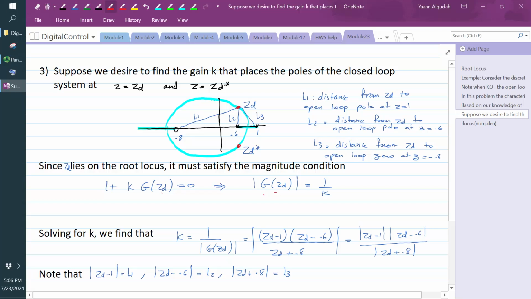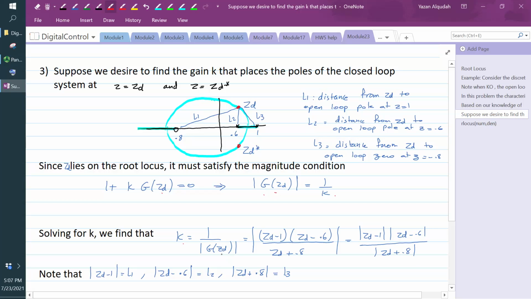Remember, the poles, in order to be on the root locus, have to satisfy the magnitude criteria and the phase criteria. The magnitude criteria says that 1 plus k g of ZD must equal 0. So therefore, I can solve for the value of k. K has to equal 1 over g of ZD.